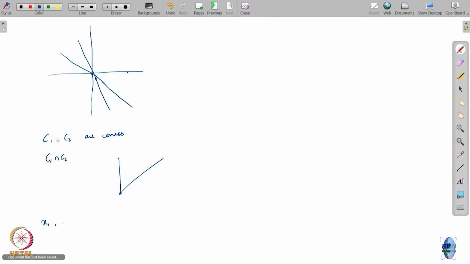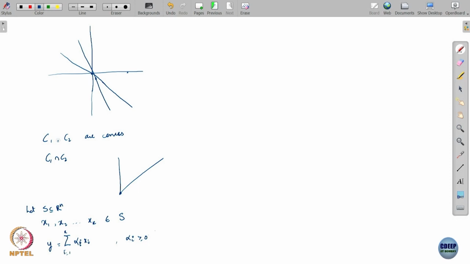So, if I give you points x1, x2, till xk that belong to a set S, where S is a set in Rn, then this quantity, summation alpha I x I, let us call this y, running from 1 to k, where now there is no restriction on the sum of the alphas, but they are just greater than or equal to 0.